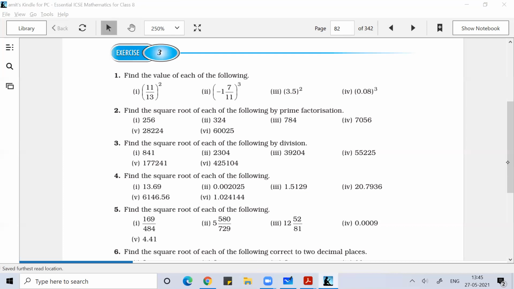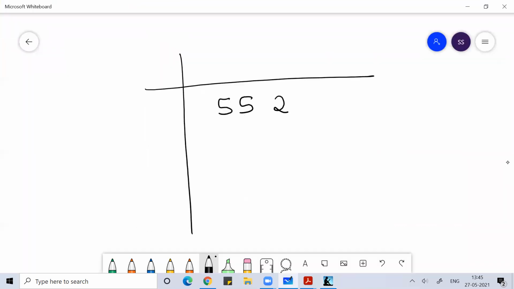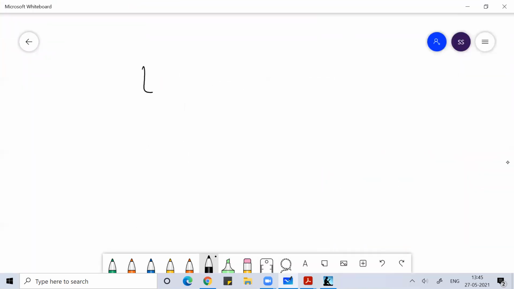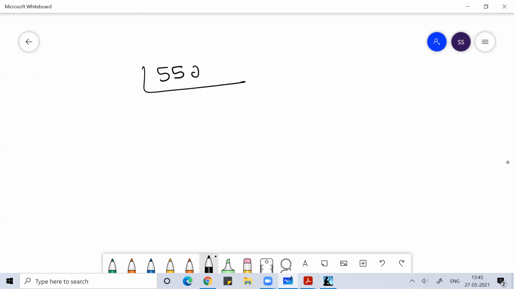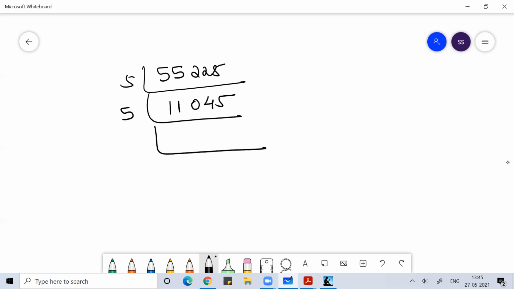What is the big deal in that? 55225 divided by 5, you'll get 11045. Then divided by 5 again. Then 2209. 2209 is what? 47 square. 2209 is 47 square.